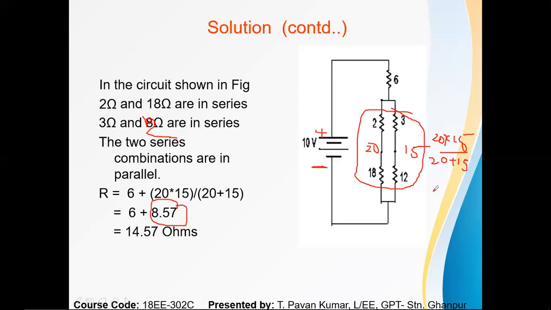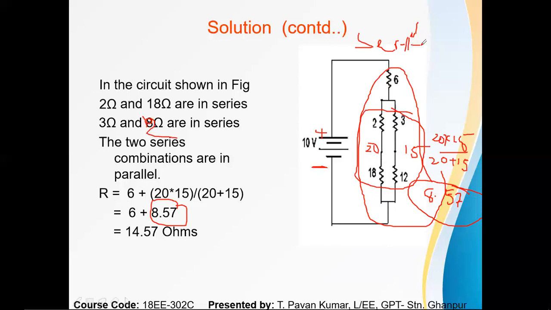The resulting value of 8.57 is in series with the 6 ohms. Hence you applied series, then parallel, then series. This way of techniques you applied.